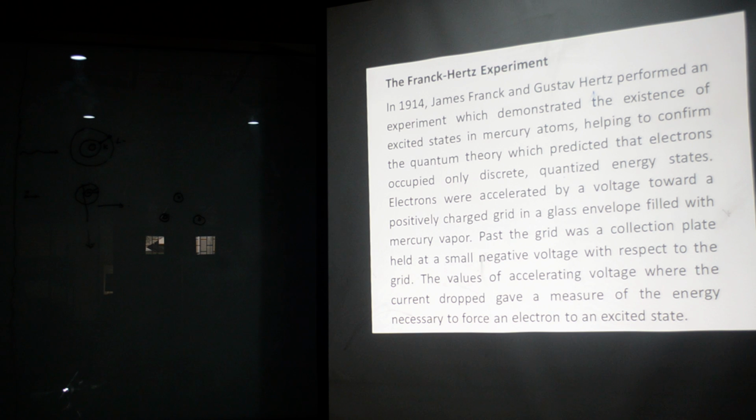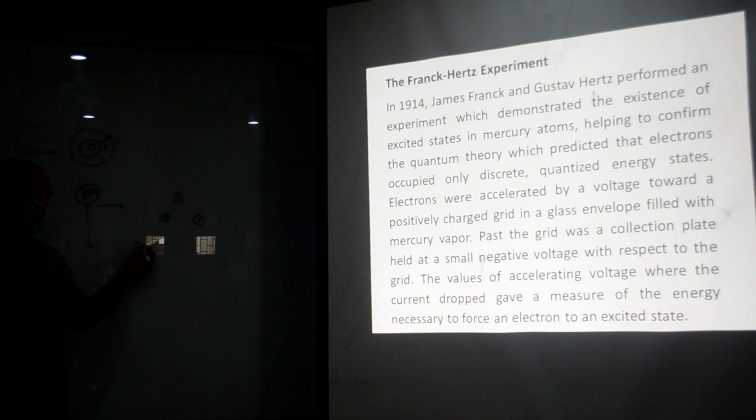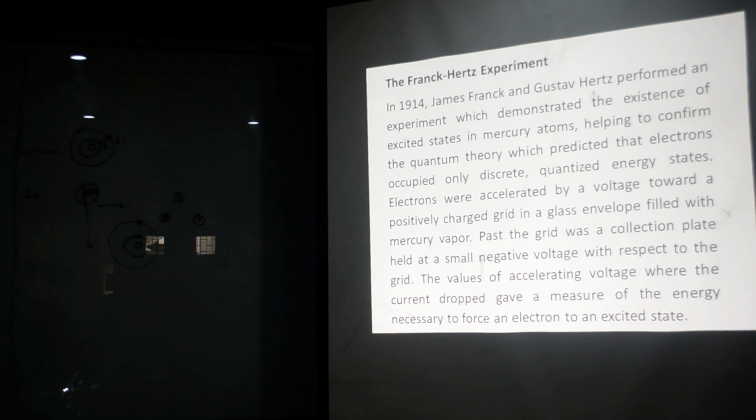The value of the accelerating voltage where the current dropped gave a measure of the energy necessary to force an electron to an excited state. It means the electron will go from the ground state to the excited state when this particular value of potential is achieved. Potential means accelerating potential.